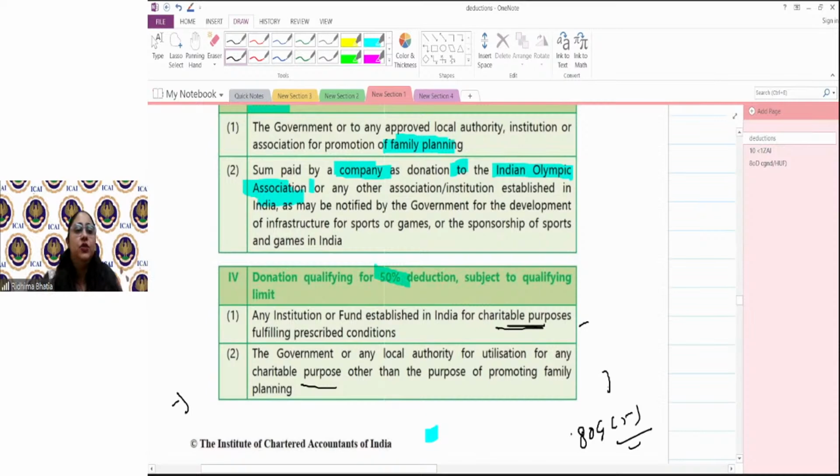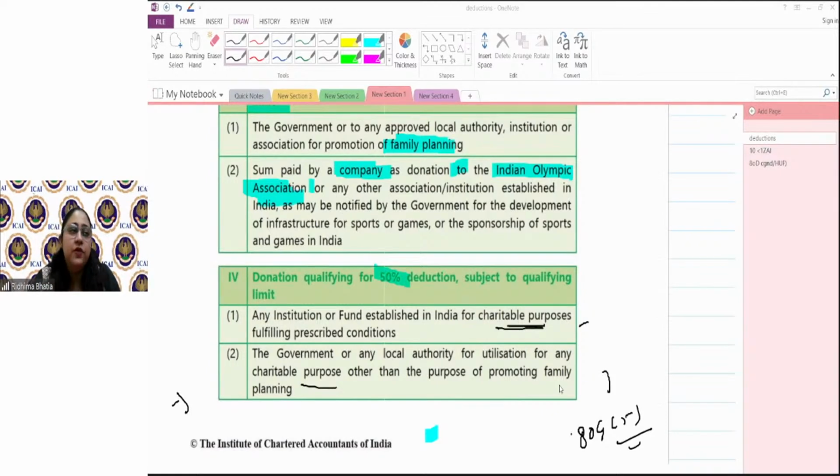If you have a chance to go through those receipts, you will see, my friends, that on all these receipts it would be written that this donation is eligible for deduction under section 80G because the donee is a registered donee under section 80G subsection 5. The donee is registered, it's an approved institution. That's why this donation is eligible for deduction under section 80G.